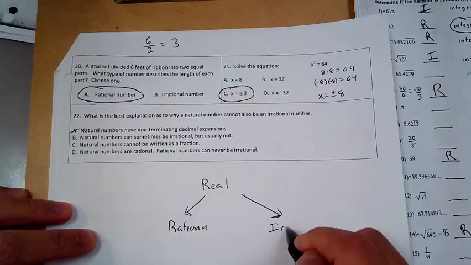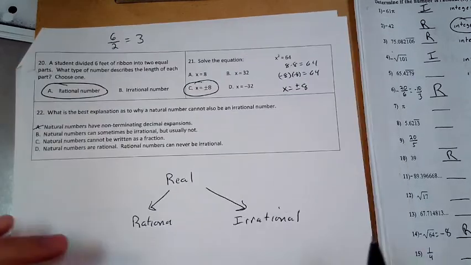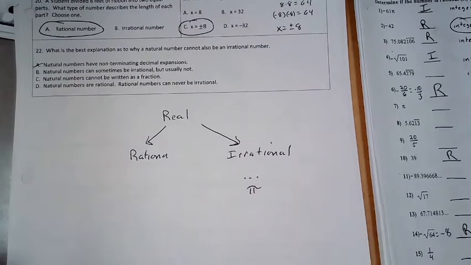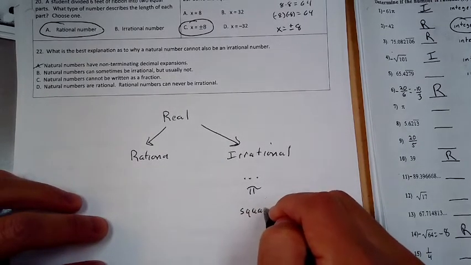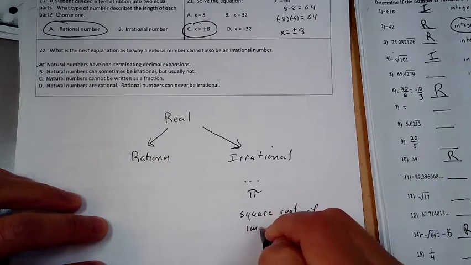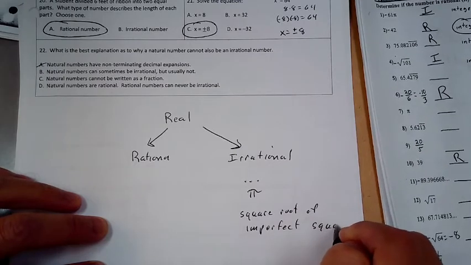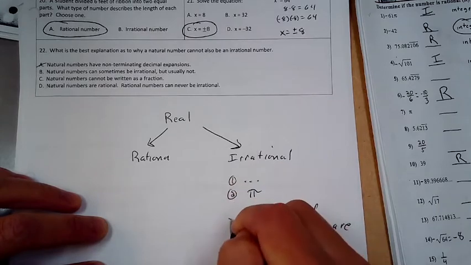Irrational numbers are the non-terminating, non-repeating ones. There are 3 visual indicators: 3 dots, non-terminating, non-repeating; pi, which is a non-terminating, non-repeating number; and the square root of an imperfect square. Okay, so those are our 3 visual indicators.